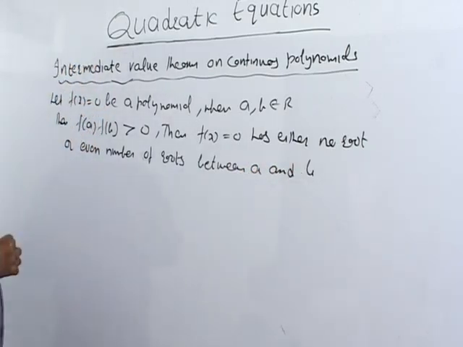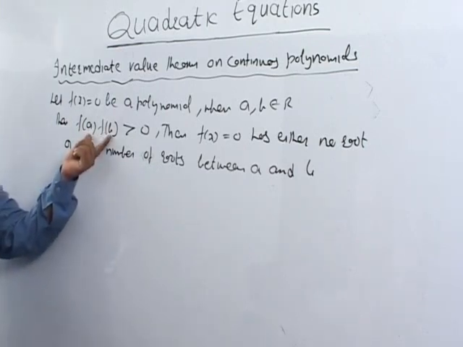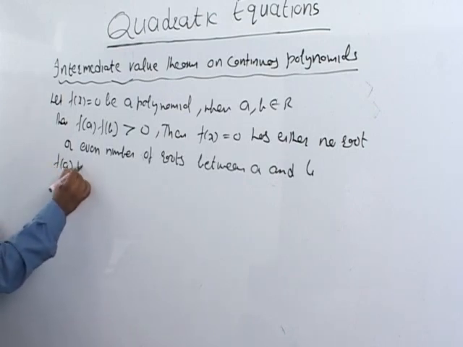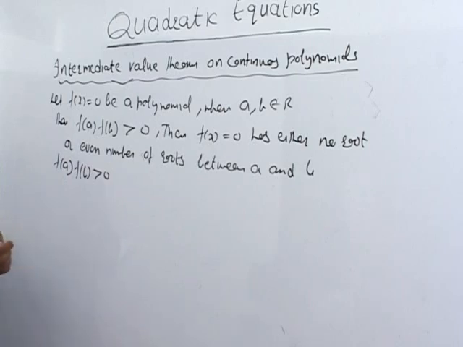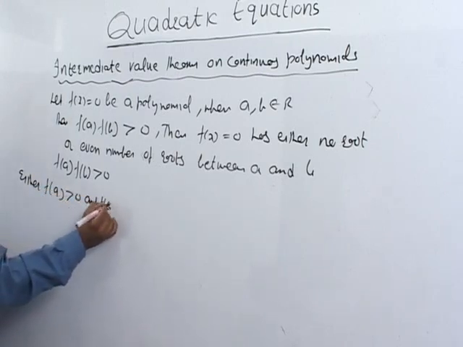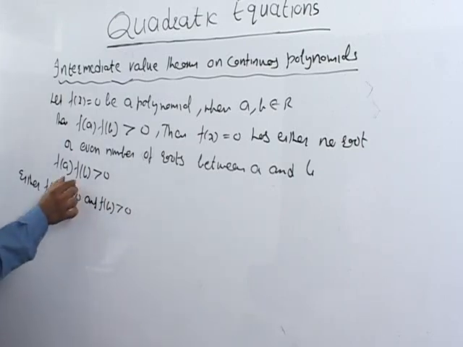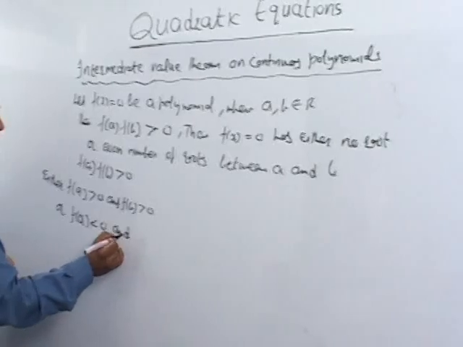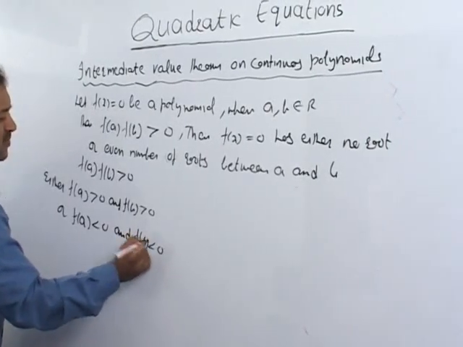Similar examples. We have been given f(a) into f(b) greater than 0. We can conclude from here either f(a) greater than 0 and f(b) greater than 0, means both these quantities will be positive, or both these quantities will be negative: f(a) less than 0 and f(b) less than 0.